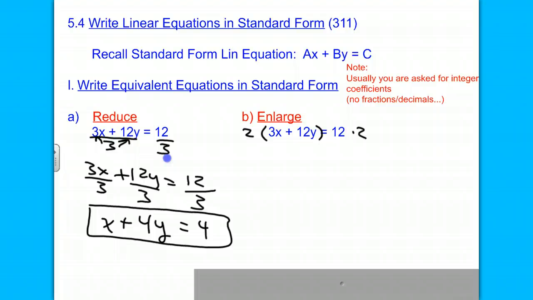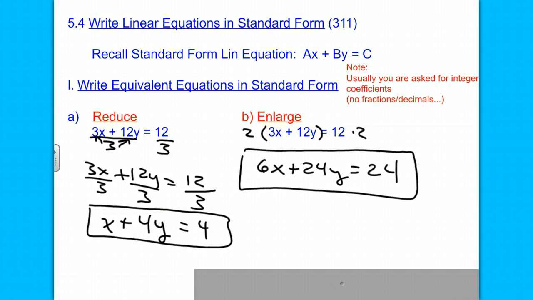So go ahead, everybody, enlarge it by a factor of 2. And what do we have when we enlarge it? Sabrina? 6x plus 24y equals 24, yay. Okay, so keep in mind, just like fractions, equations can be written in infinite ways.